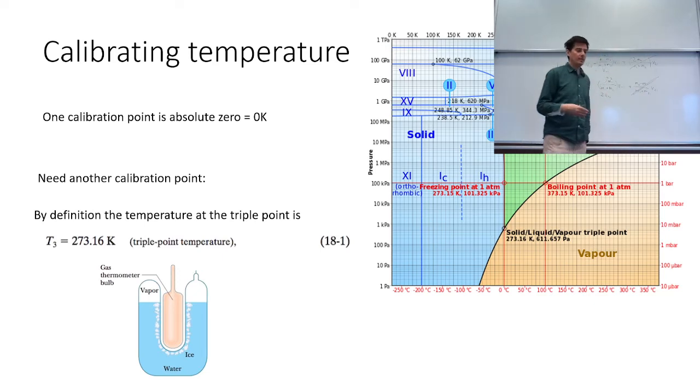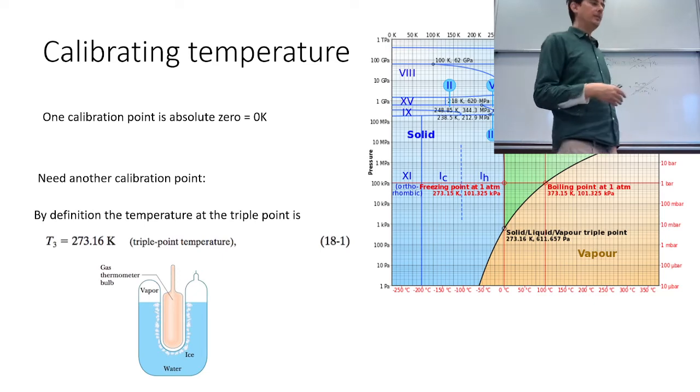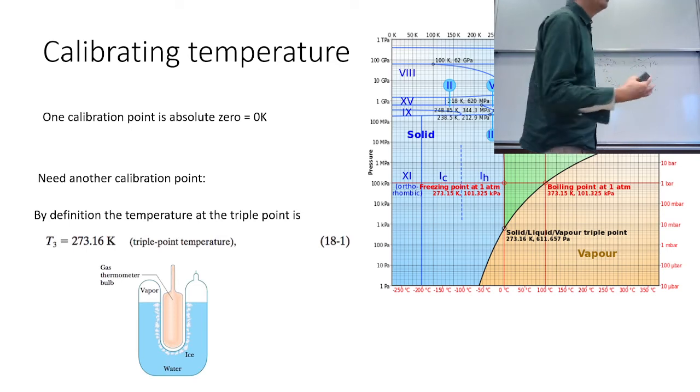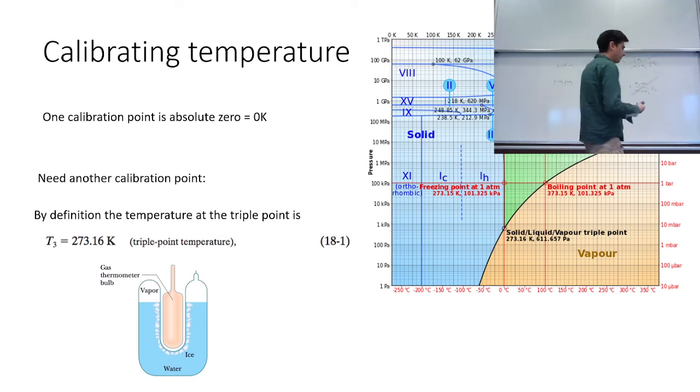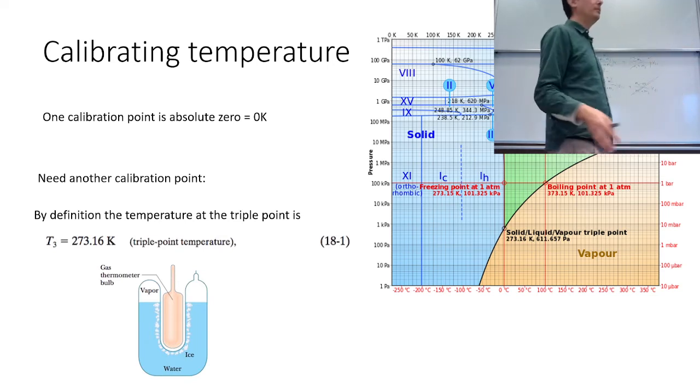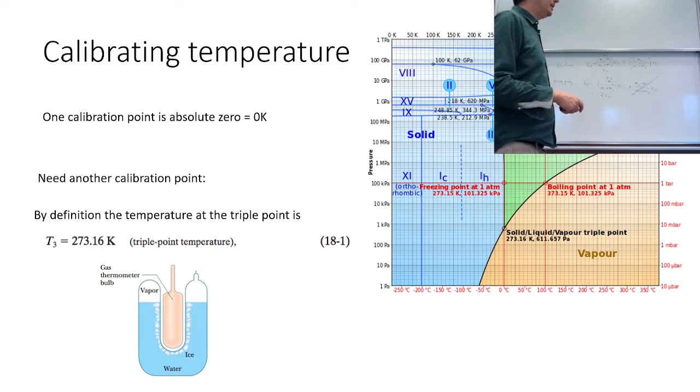So that's not a great way to calibrate temperature, because that depends upon the pressure of where you live, or even the particular day that you happen to be measuring.